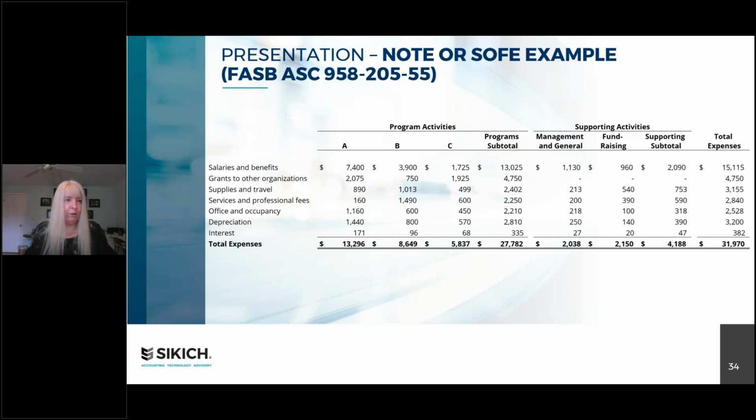You can see here you've got your natural classifications as the rows and your program and supporting services as the columns. Where we see some problems in practice are in segregating the natural and functional classifications, which I'll cover in a minute.